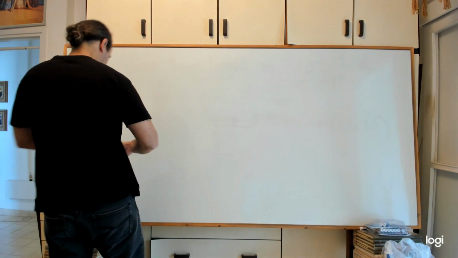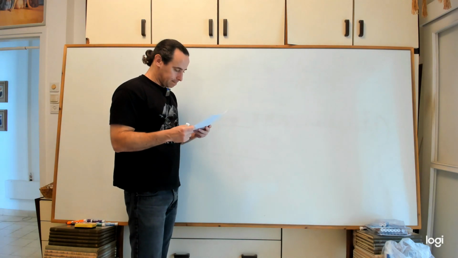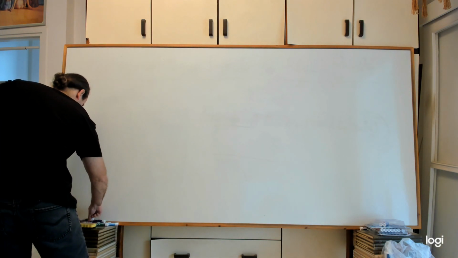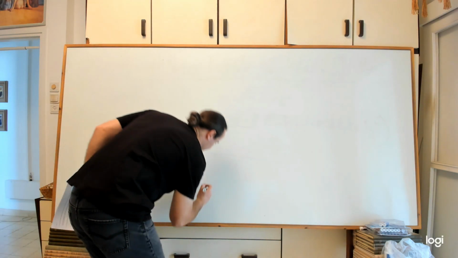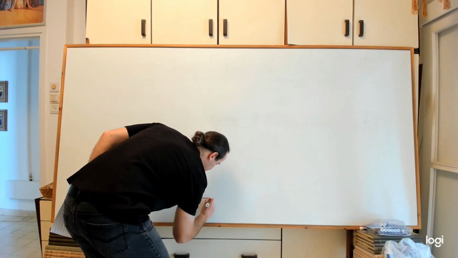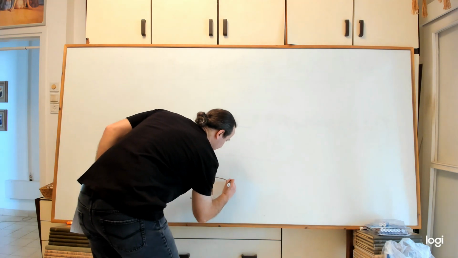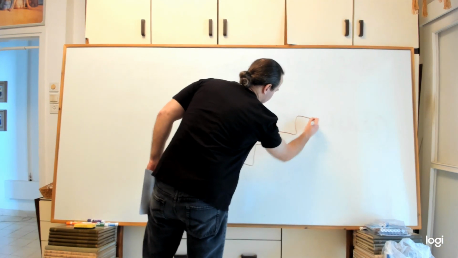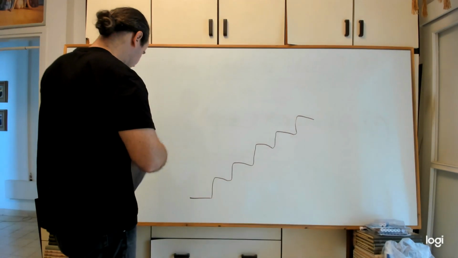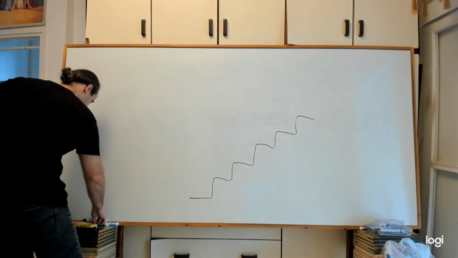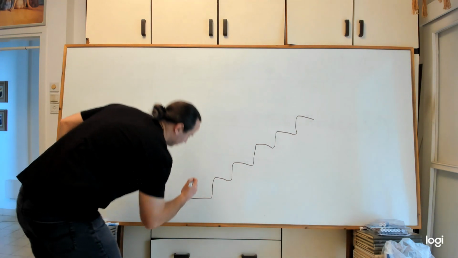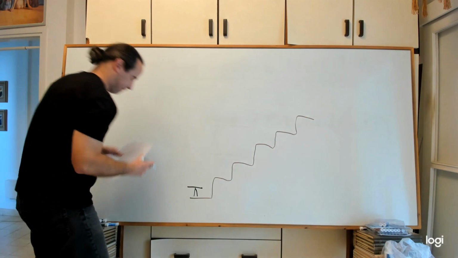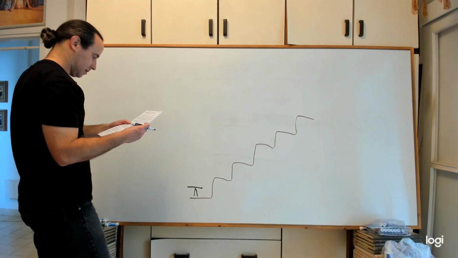Okay, so we have a mountain. Okay, this is the ground, this is the mountain, it looks like stairs. Okay, and on each floor we have what it's called, teeterboard.